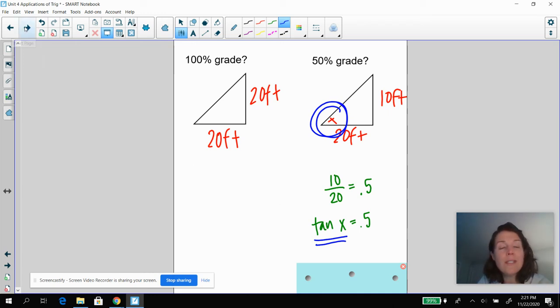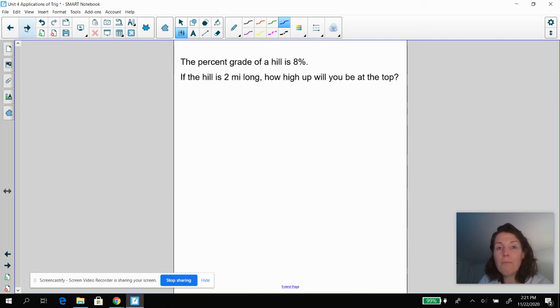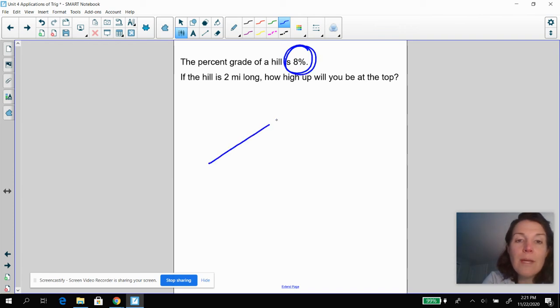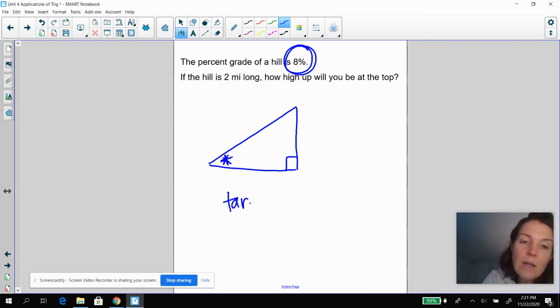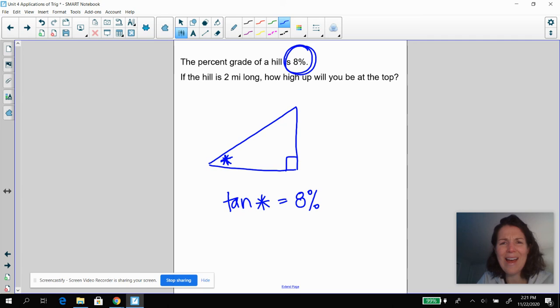So whenever you see a percent grade problem, it's always going to be dealing with this angle right here. The tangent of this angle right here is 8%. But we don't deal with tangents as 8%. No, no, no. We deal with tangents as decimals, right?